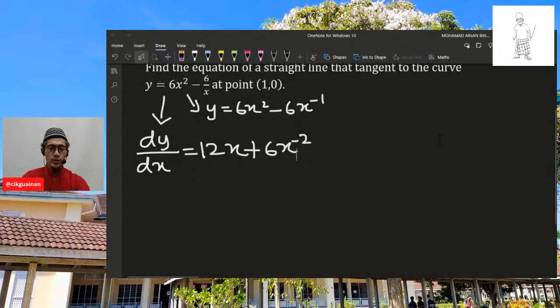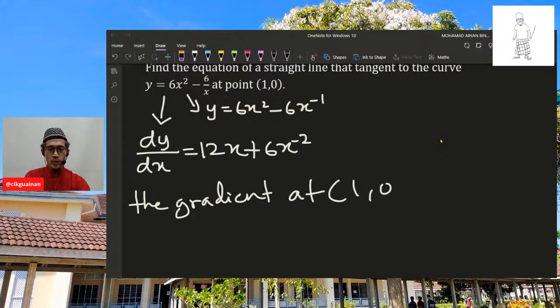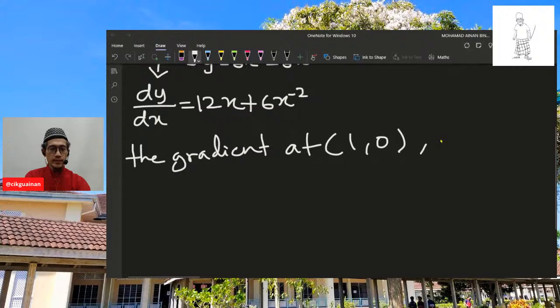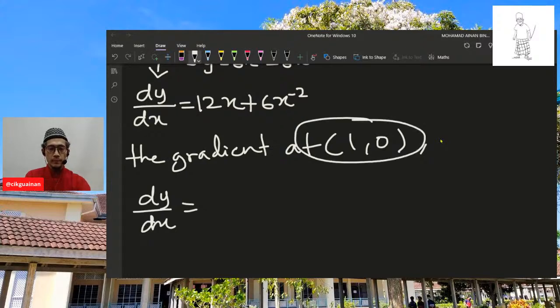Now we want to find the gradient of the curve at (1, 0). Very easy. For dy/dx, we just substitute the value of the point.